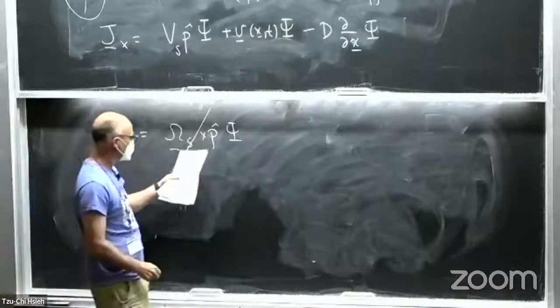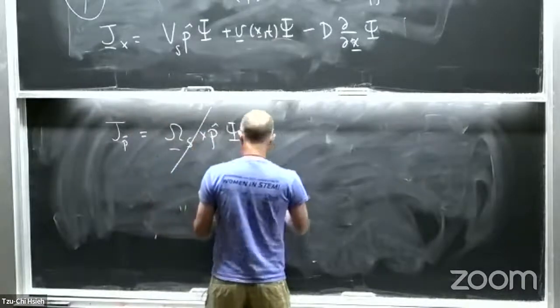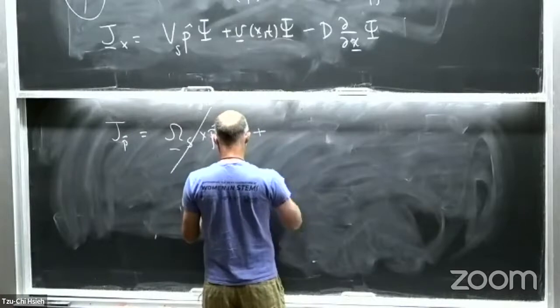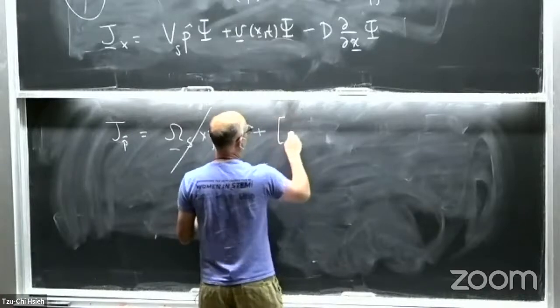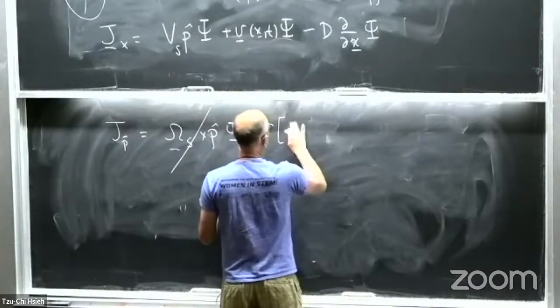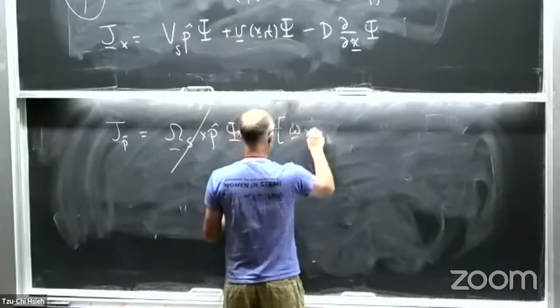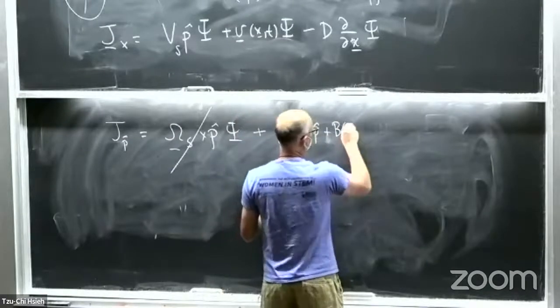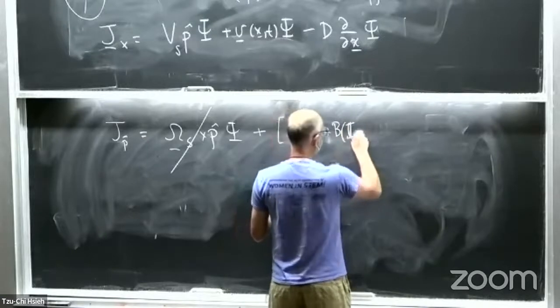But I'm going to ignore that. There's this whole omega cross p plus, and let's say they're ellipsoidal, we'll put in some fudge factor b.